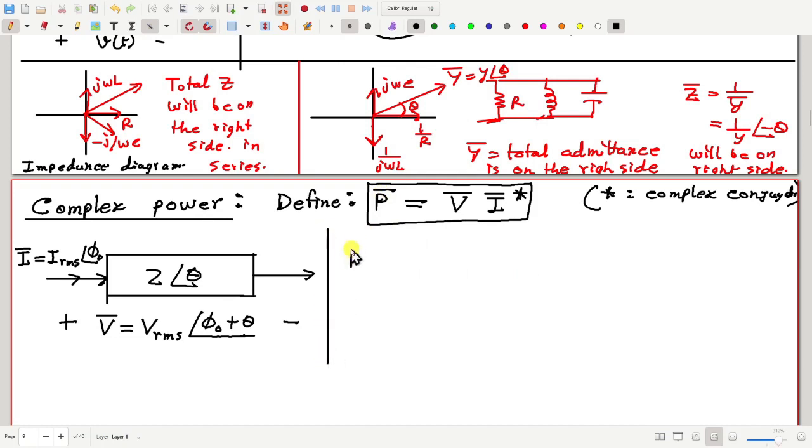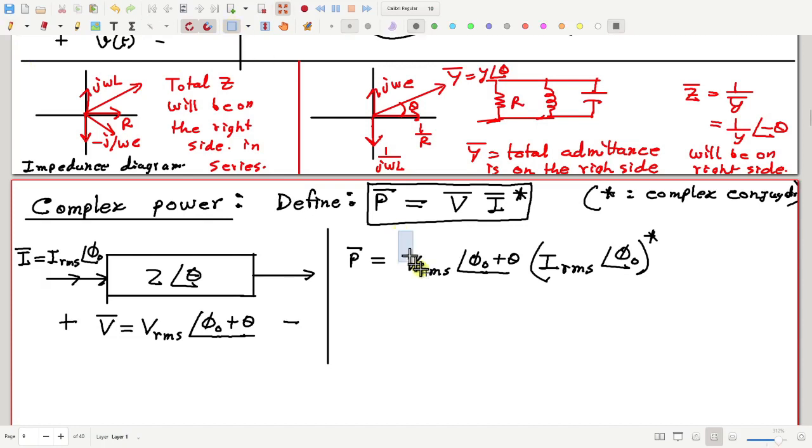So this P bar is how much? Here we have V is V RMS angle phi naught plus theta, and I is I RMS angle phi naught. We have to take the complex conjugate of this.